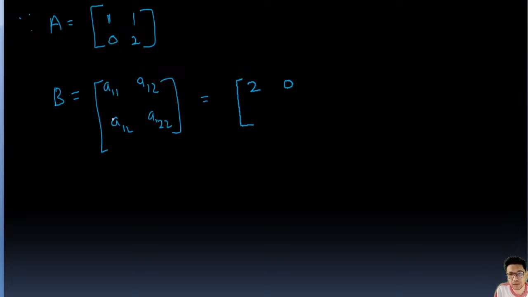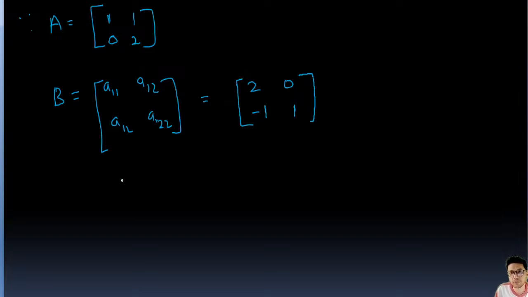And for A12, this row and column get cancelled, and the sign is minus, so this is going to be minus 1. And then A22 is 1.